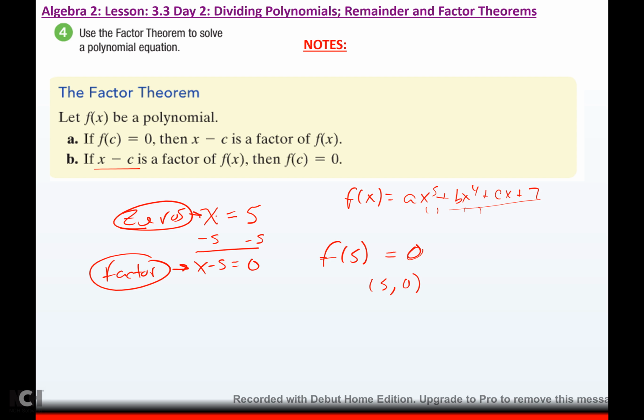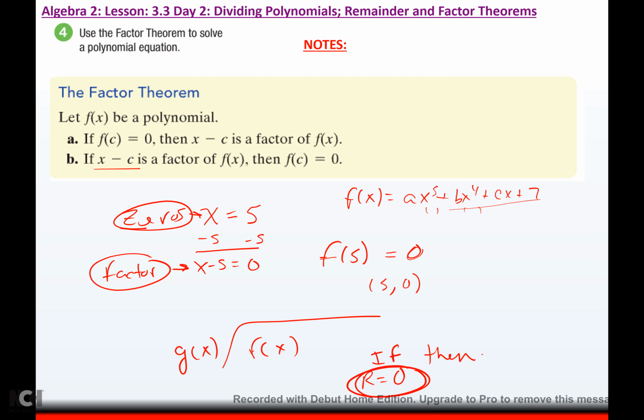When we do division, if you have a remainder, anything other than 0, then it's not a factor. If your remainder is 0, then whatever you're dividing by, let's call it g of x, is a factor of f of x.